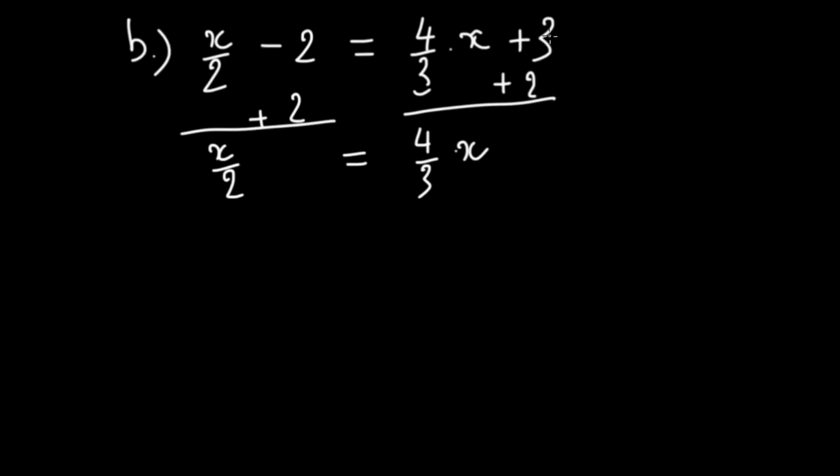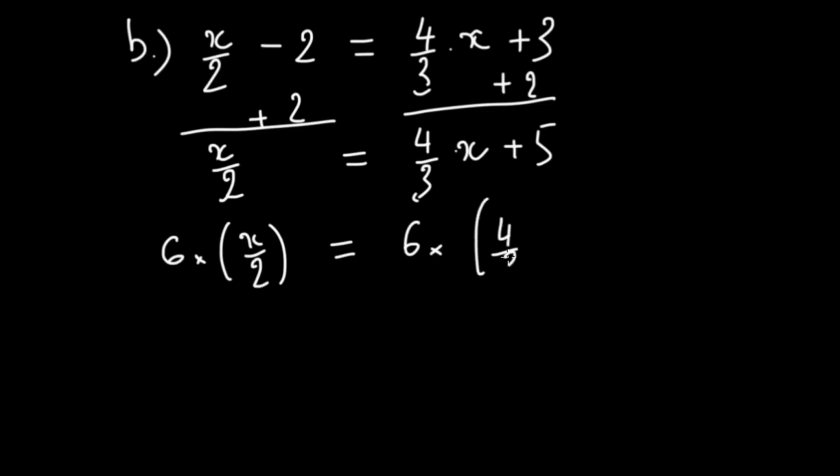Now we have 3 plus 2 is 5. Put it here. Now we see 2 and 3 are the denominators here, right? And we can easily see that 6 is the least common multiple of 2 and 3. So we multiply both sides by 6. We have 6 times x over 2 equals 6 times (4 over 3 x plus 5).